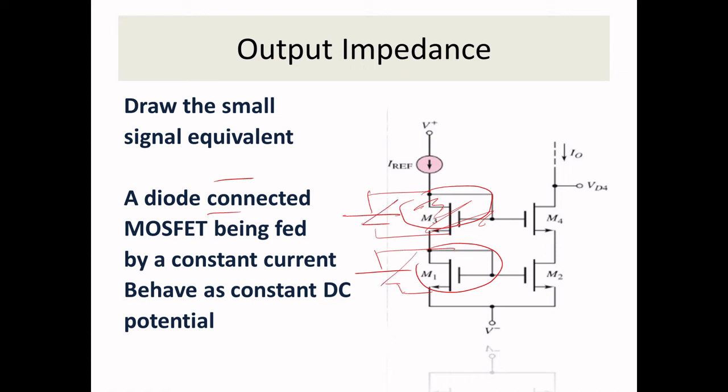What I have done is replace this MOSFET with a constant voltage source, because it is providing some constant DC voltage. Then I am removing it to draw the small signal equivalent circuit. So this will become grounded and this also will become grounded.